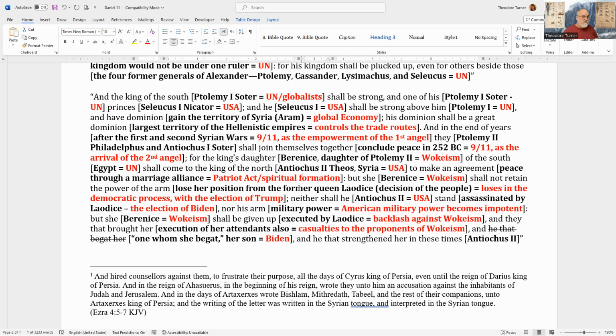So this wokeism, this daughter of the South, so it's a daughter of Egypt, right? So it's going to say daughter of the South. We're going to put that as Egypt, right? We could have said the Ptolemaic Empire, but this is the UN, right? Now, I don't know if UN is the best way to describe it. We could say UN globalists. Maybe that might be a better way.